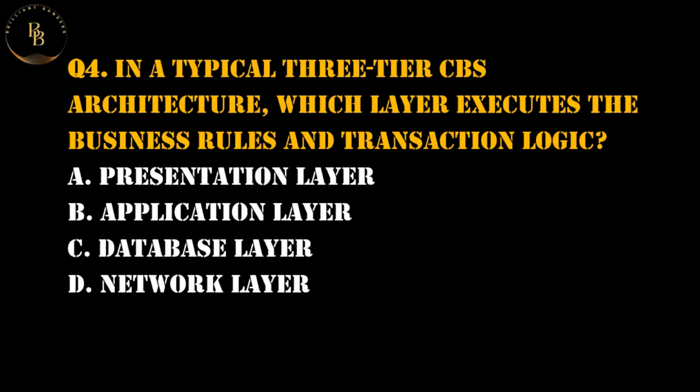Which one do you think is the layer that executes the business rules and transaction logic? And the right answer is the application layer. The application layer hosts core business logic, that is interest calculation, limit checks, and the GL posting. So the application layer is the main layer that executes the business rules and the transaction logic.